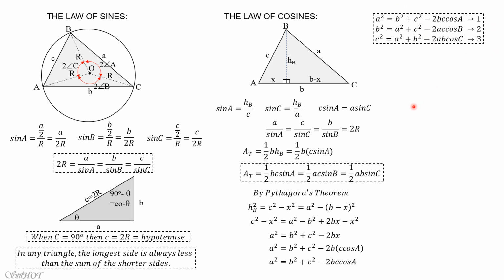Then, by the way, remember that the law of cosines is absolute, meaning to say there's no problem with the law of cosines. It will give you the correct elements of the triangle. However, for the law of sines, there is an ambiguous case, if you can remember, especially when you solve for the angle.